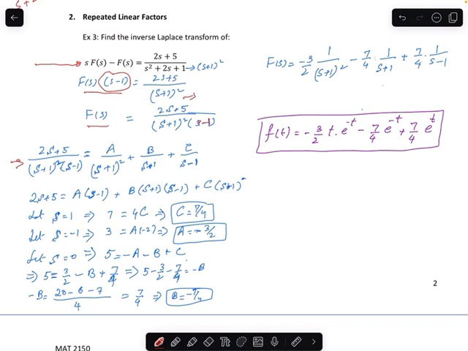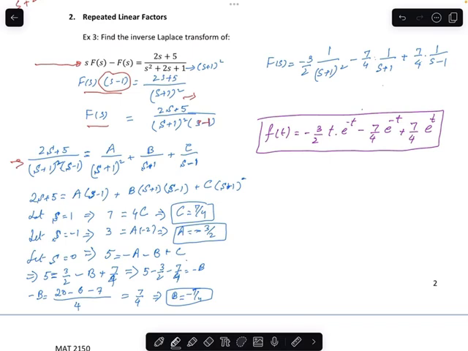Because s plus 1 is a repeated factor, it will appear as many times as it is repeated. We see it is repeated twice, so we will have 2 terms in which the denominator will be s plus 1. And we write both of them with a constant on the top.